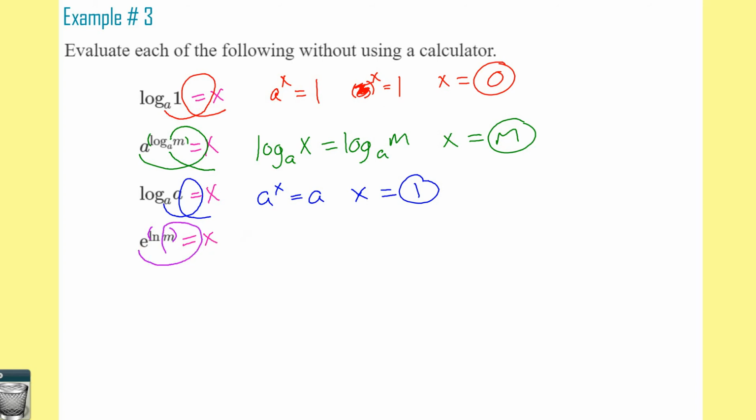Log base e of x must equal the natural log of m. Well, hopefully you realize those are the same thing. That's the natural log of x equals the natural log of m. So x must equal m again. Okay, I'm hoping this is helping you see the properties a little bit more.